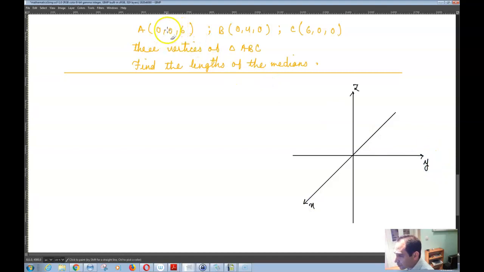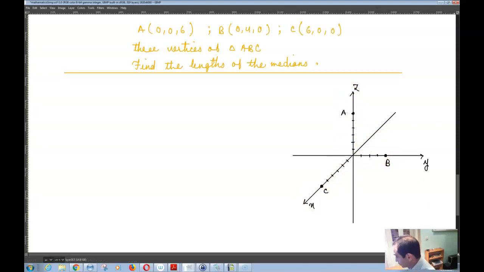So this point on the z-axis, 1, 2, 3, 4, 5, and 6, is A. This point on the y-axis, 1, 2, 3, and 4, is B. And this point on the x-axis, 1, 2, 3, 4, 5, and 6, is C. These are the 3 points over here.